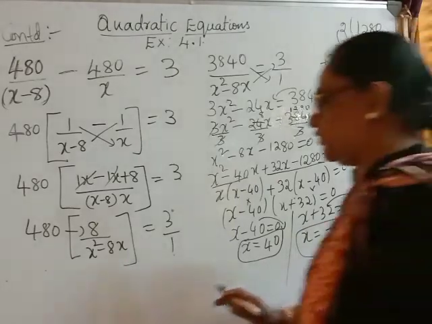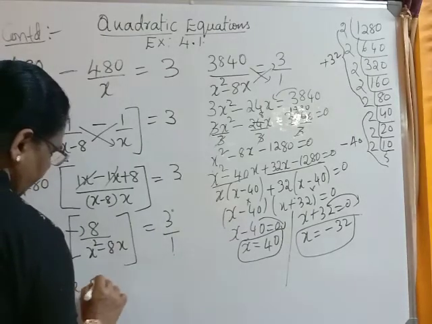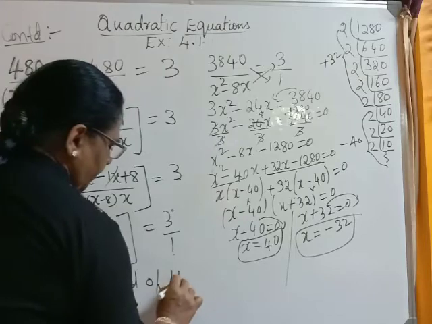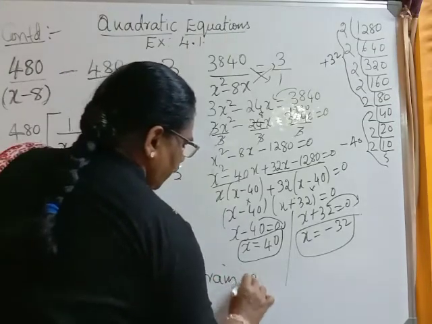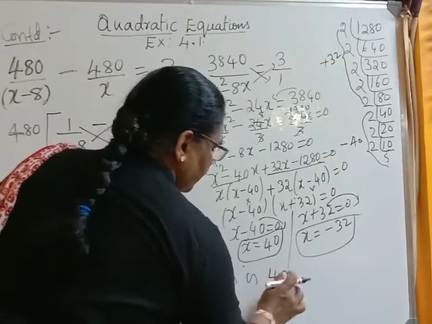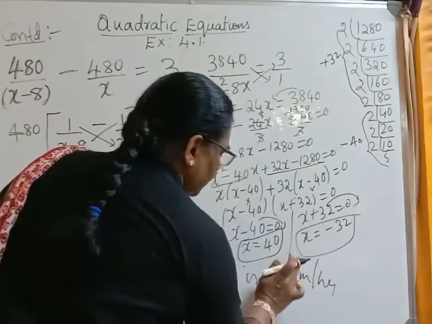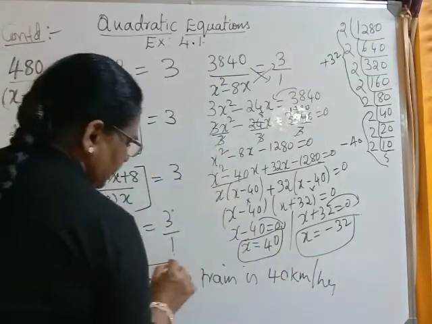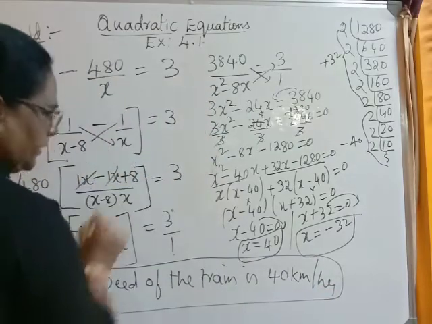Therefore write the speed of the train is 40 kilometers per hour. This is the answer. The speed of the train will be 40 kilometers per hour.